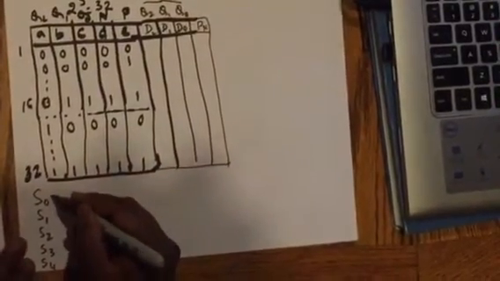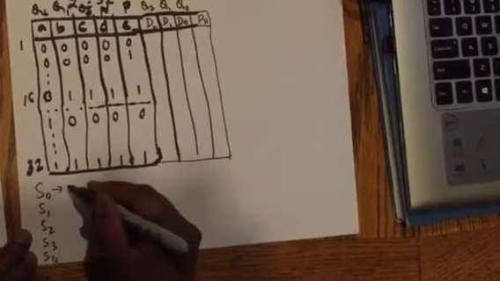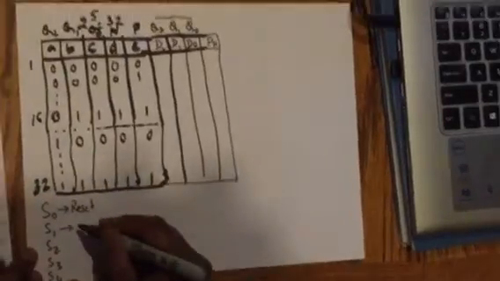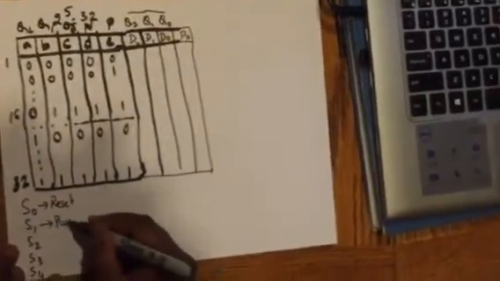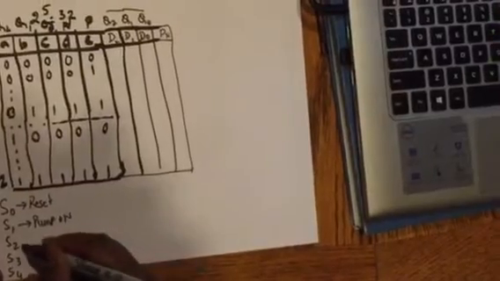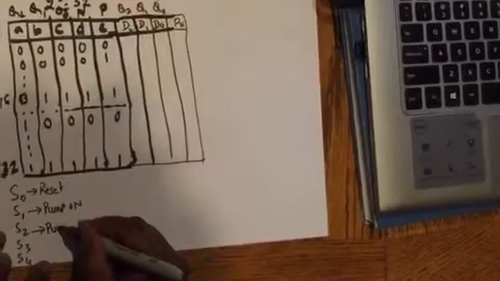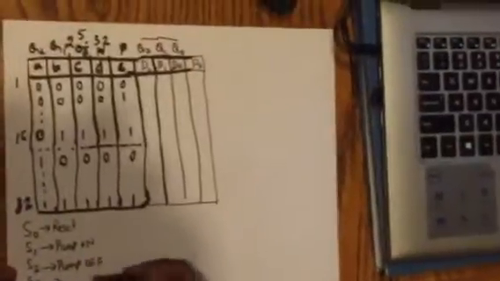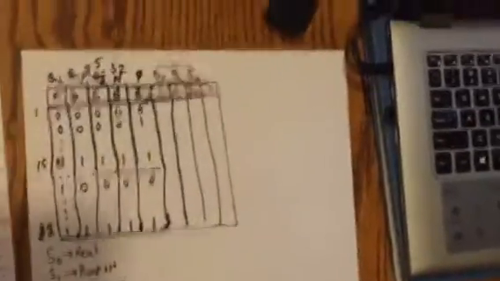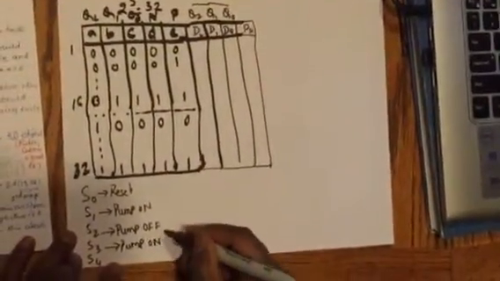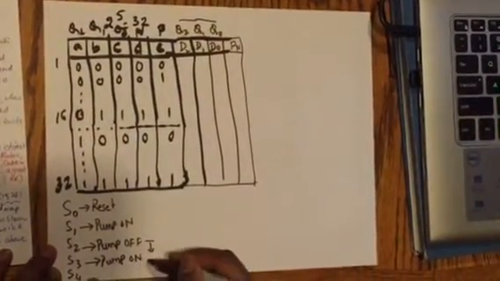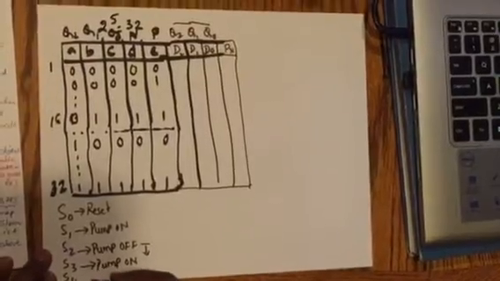State 0 represents reset, state S1 represents pump on, state 2 represents pump off because the pressure indicator has come on, and S3 is pump on again because the pressure indicator went away and the pump came on again.